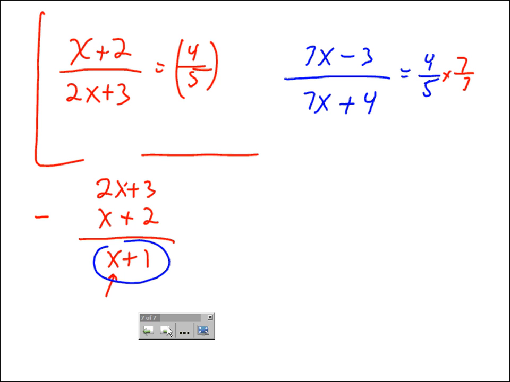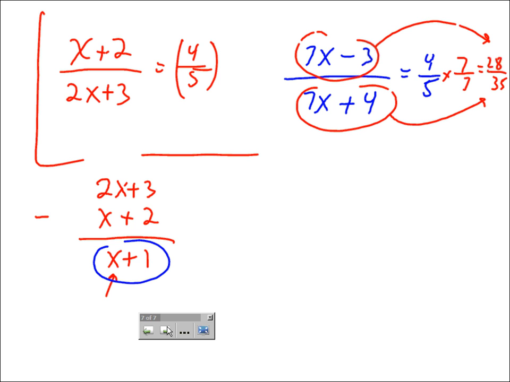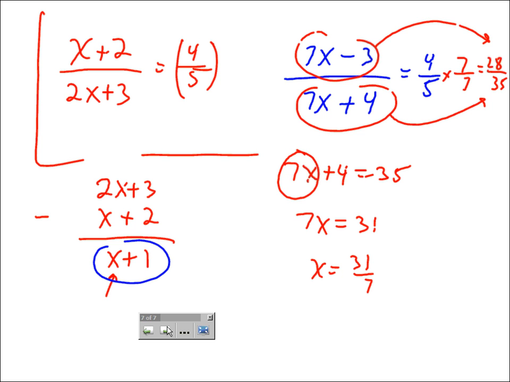To get it to be 7 bigger, multiply by 7 over 7. And you get 28 over 35. So either this is 28 or this is 7 more, 35. If I go 7x plus 4 equals 35, you should know that 31 plus 4 is 35. So 7x is 31, and x is 31 over 7.